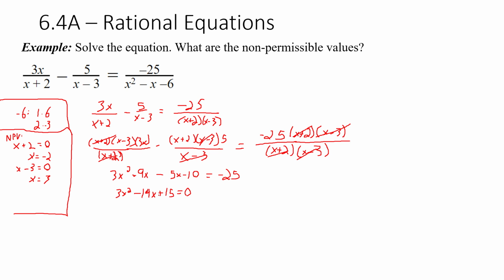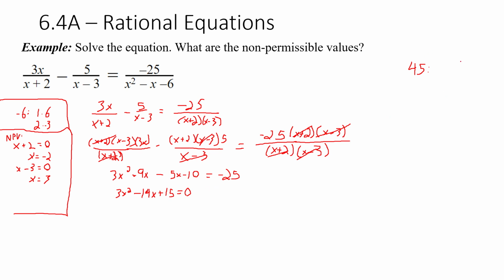We should check if this will factor nicely. 3 times 15 is 45. Let's see if any factors of 45 can sum together to give you negative 14. Since this is a plus, it's going to have to be two negative values.